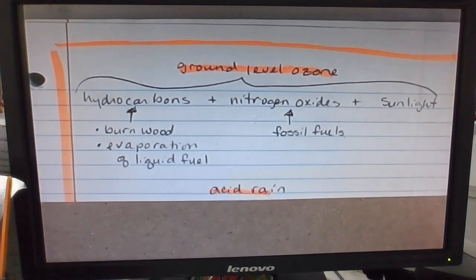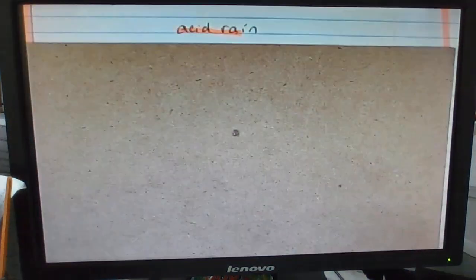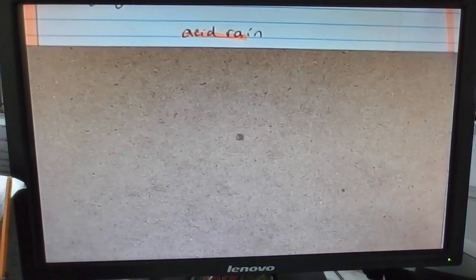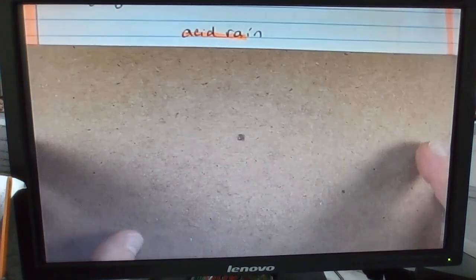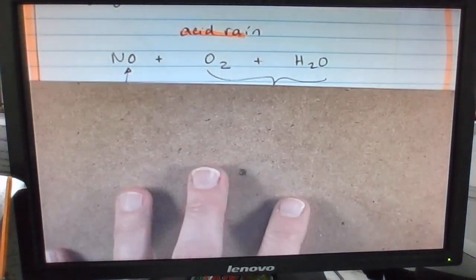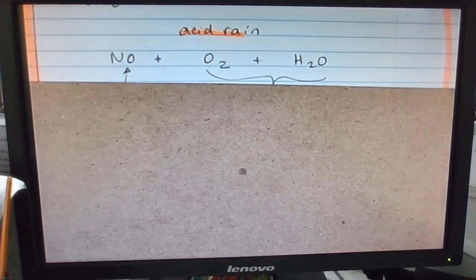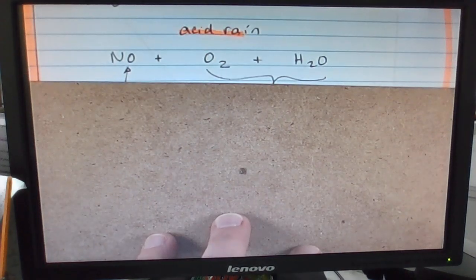All right, another example of a secondary pollutant is acid rain. In this situation, we have nitrogen oxides, we have oxygen, we have water.